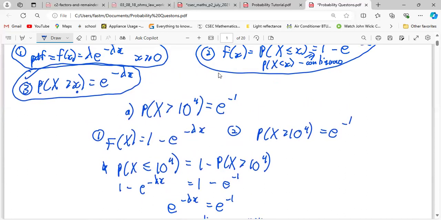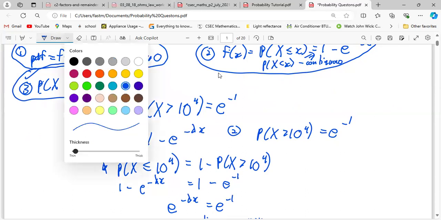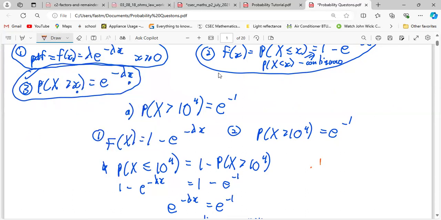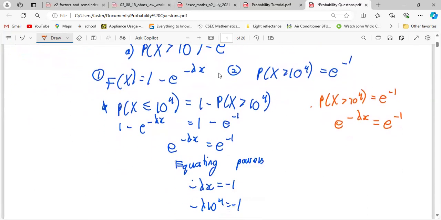If you wanted to, you could have used this other form of it. The probability x is more than 10 to the power 4 is equal to e to the minus 1. We know this is e to the minus lambda x, which is e to the minus 1. You clearly reach the same spot you were at using the other form of the equation. So you have two ways.